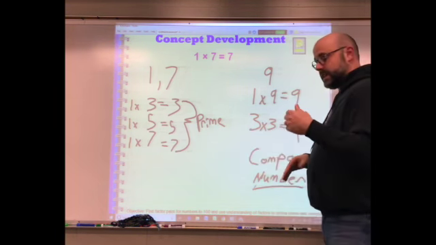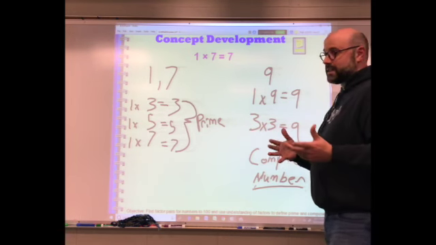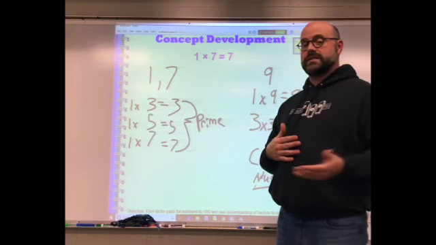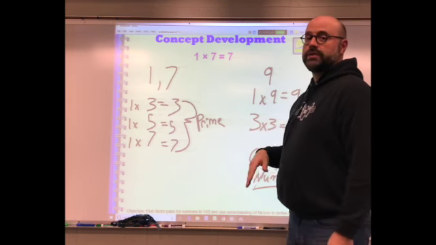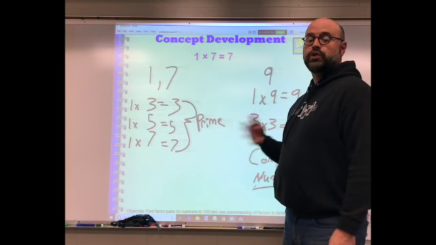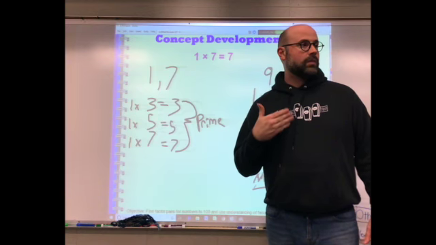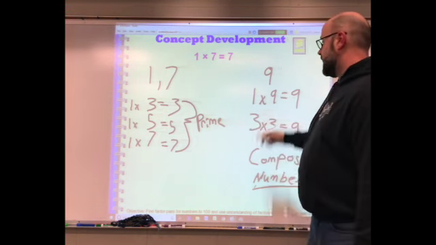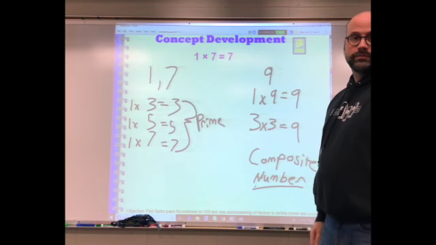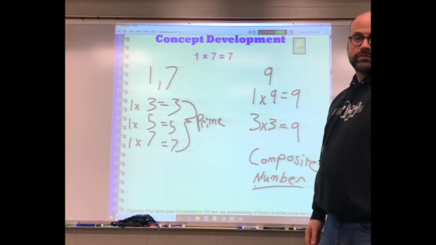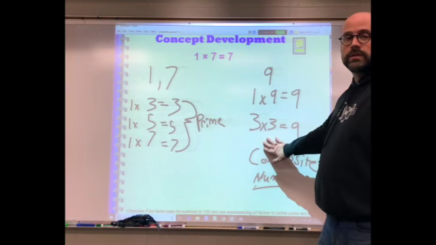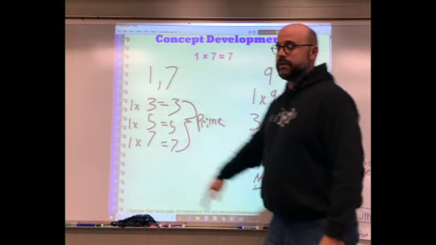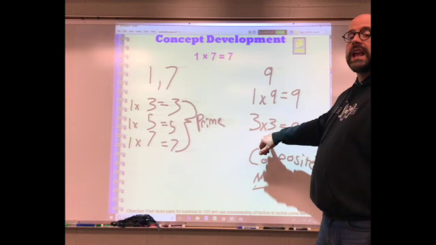I'm assuming in your brains you were thinking a composite number must be a number that has 2 or more factors, or more than 2 factors. In this case, 1 and 9 and 3. More than 1 and itself. This has 1 and 9 and 3.